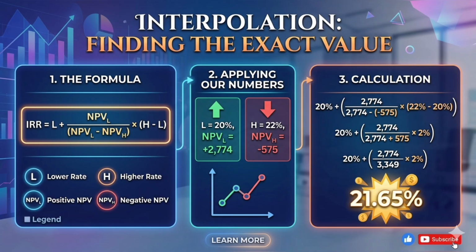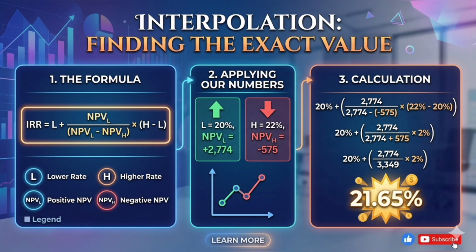So we will get the ratio value as 0.828. Then we convert this to a percentage by multiplying by the difference of the percentages, 22% minus 20%, that is 2%.